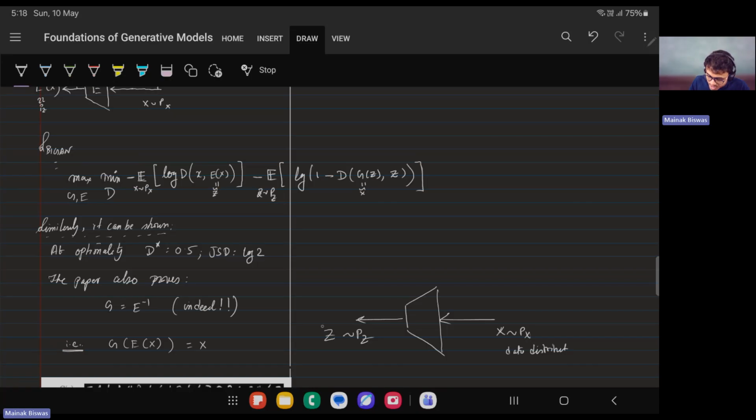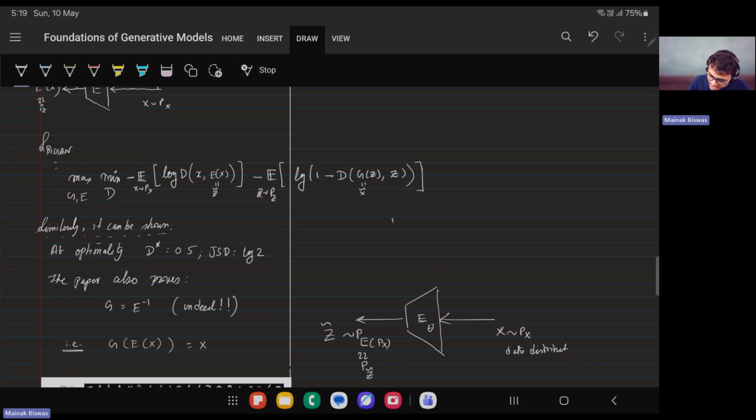Because you can say this is Z tilde, which will be very similar to the PZ distribution. It has to be close. So you could write this as the encoded value of X from Px, which should be approximately equal to Z tilde. We have to enforce that.